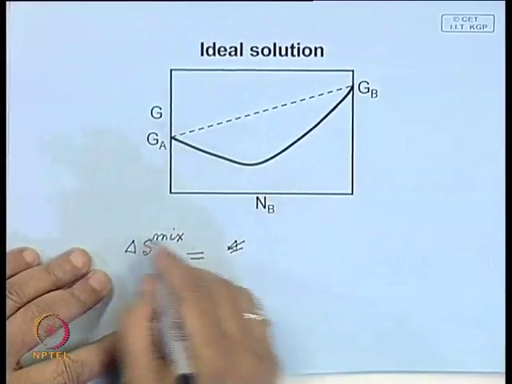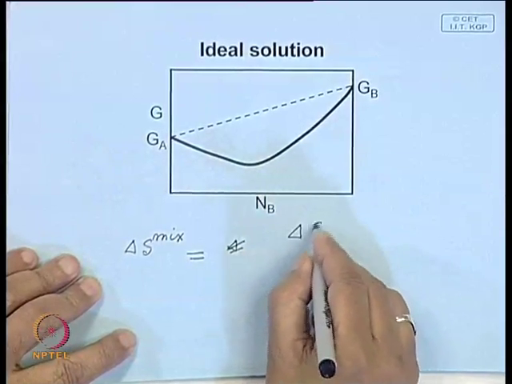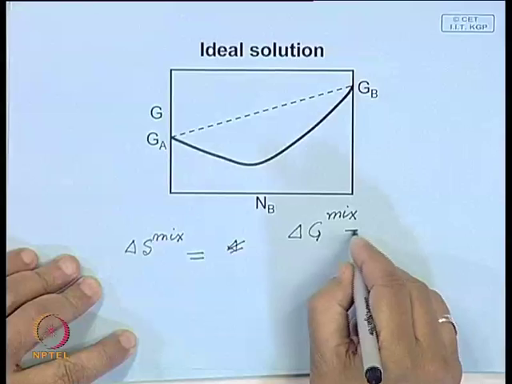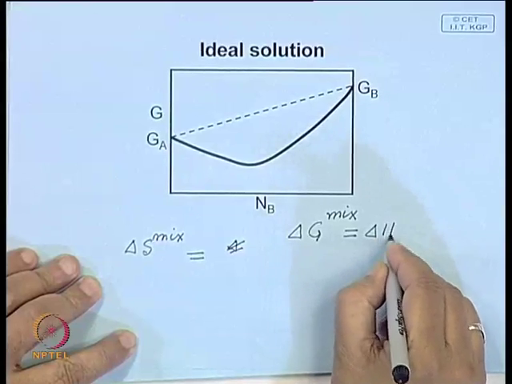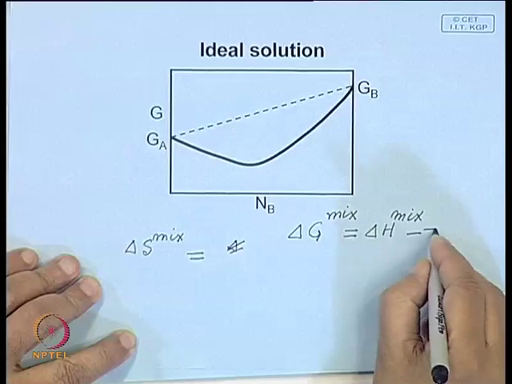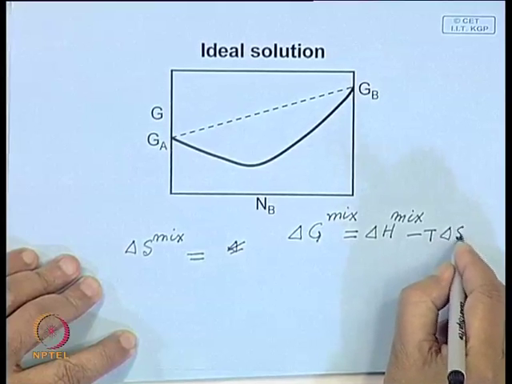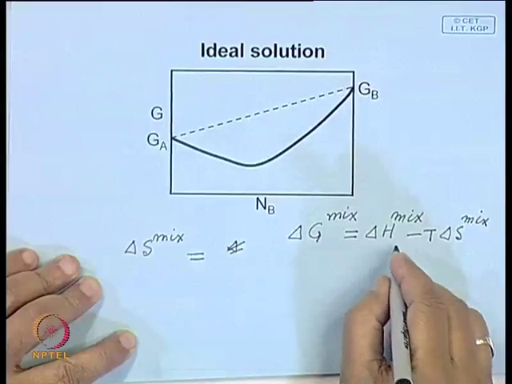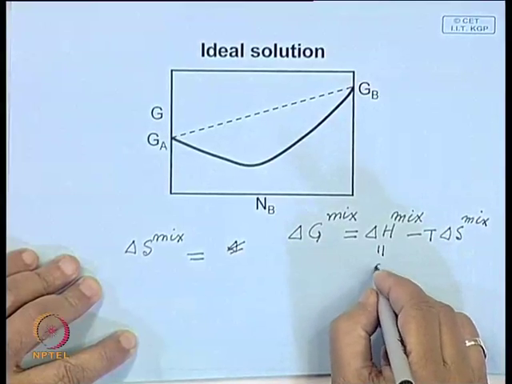So, we can write that delta G mix, the free energy of mixing, equals delta H mixing minus T delta S mixing. Now, here we assume that delta H mixing is equal to 0.